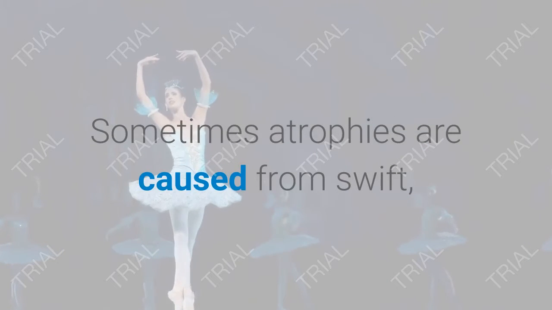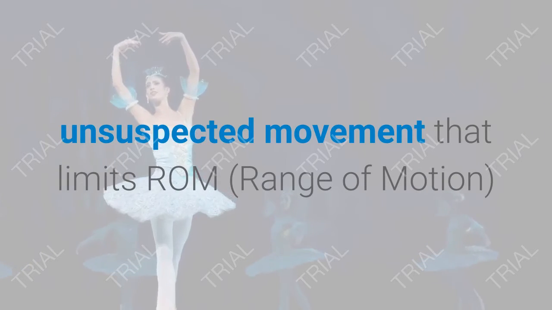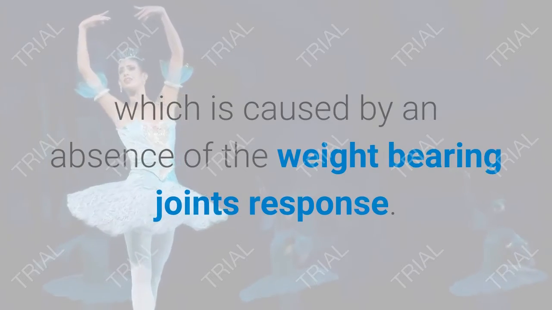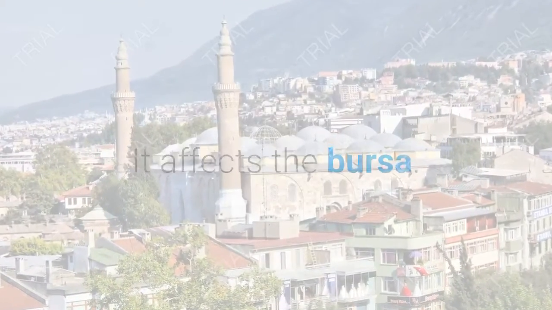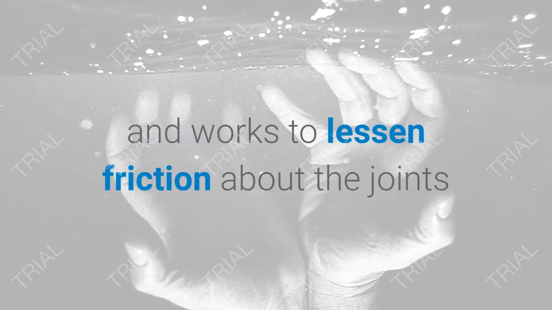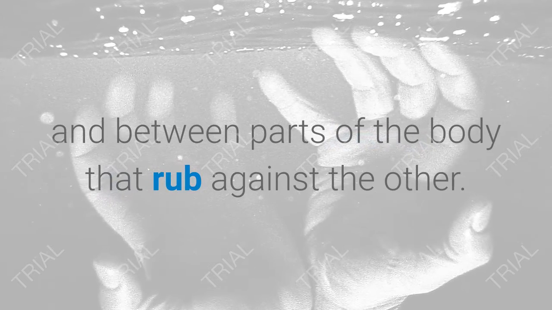Sometimes atrophies are caused by swift, unsuspected movement that limits ROM, range of motion, which is caused by an absence of the weight-bearing joints response. It affects the bursa. The bursa is a sac filled with fluids that serves as padding and works to lessen friction about the joints and between parts of the body that rub against each other.